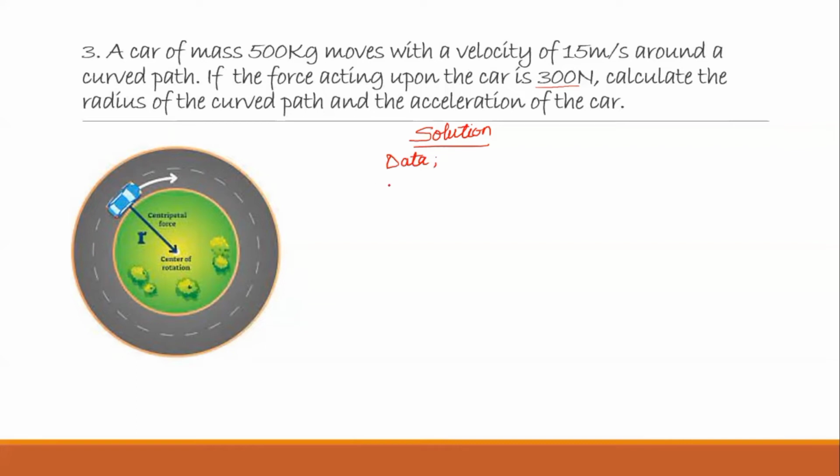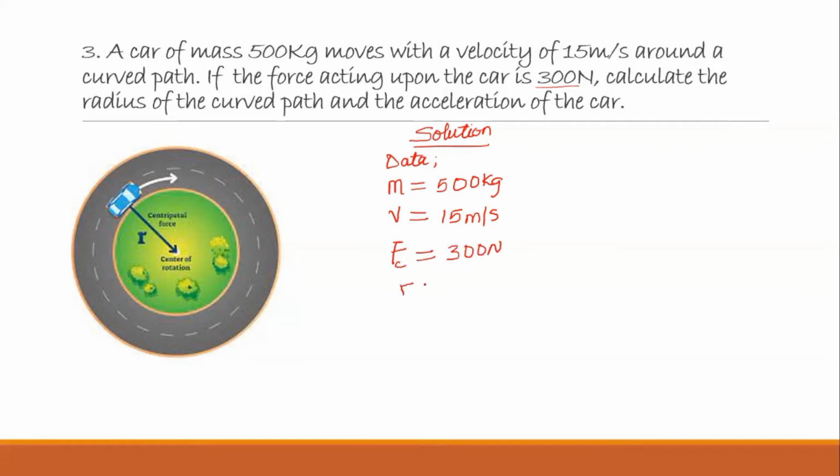so the mass, M, is given to be 500 kilograms, and the velocity V is 15 meters per second. If the force acting upon the car, I have already explained that the centripetal force is equal to 300 Newton. Calculate the radius.